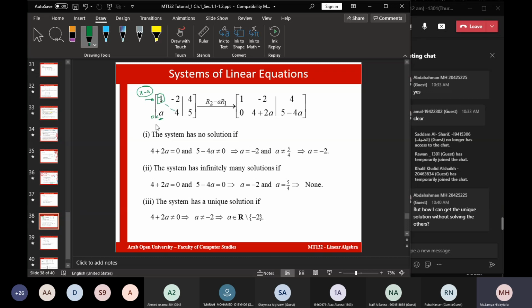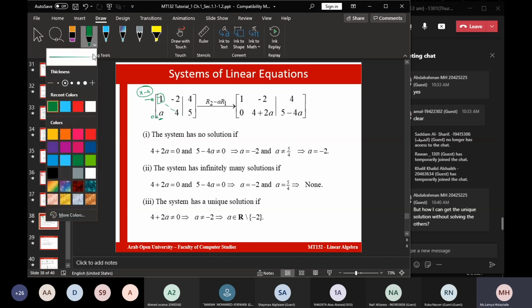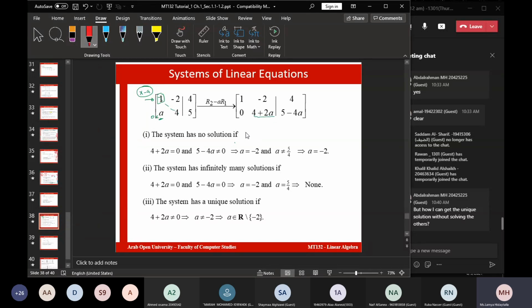So can I solve? Yes. Now, again, we want to find when the system has no solution. To have no solution, what do we do? This one should equal 0 and this one should not equal 0. So we need 4 plus 2A equal to 0.